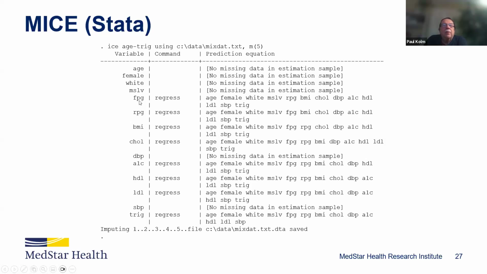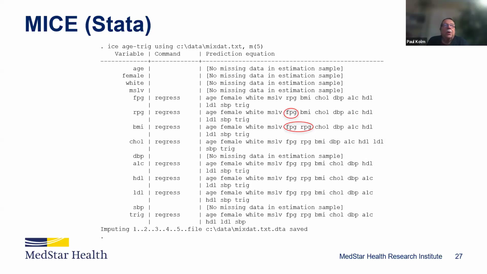So we're then going to impute a value for fasting glucose. So when it comes then to the value for random glucose, you can see that we're going to include the imputed values for fasting glucose. And then when we impute missing values for BMI, we're going to include the imputed values, they're no longer missing, so to speak, from both fasting and random glucose and so on. So we're using imputed values to impute other values.